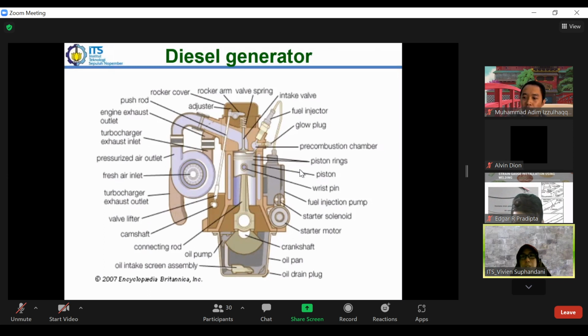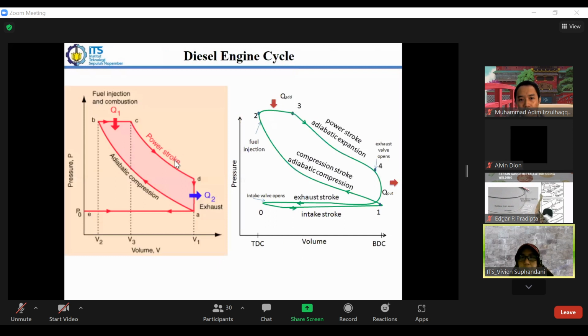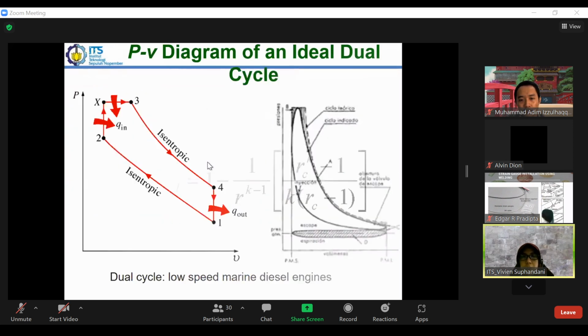This is a nice question. Here we have a sort of pre-combustion chamber. Do we have it here? Wait a moment, I'll check it.